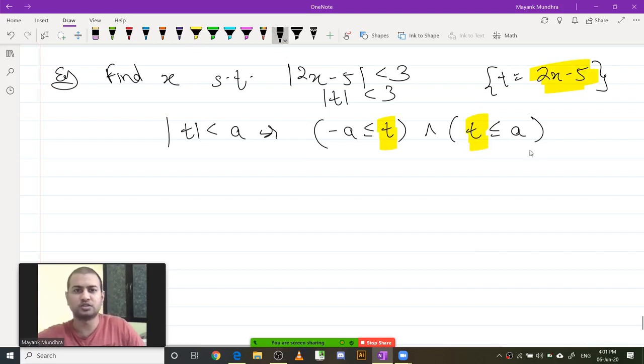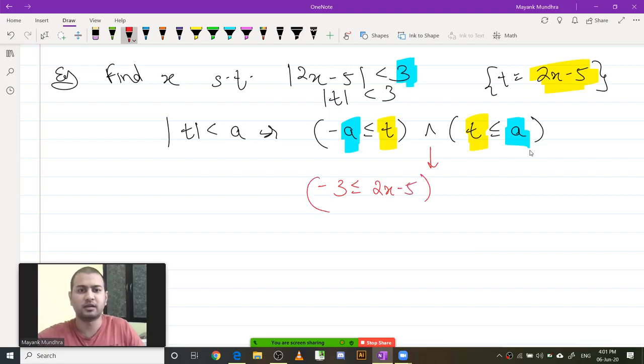When you make the substitution, and a becomes 3, these two conditions become minus 3 less than or equal to 2x minus pi, and 2x minus pi less than or equal to 3.